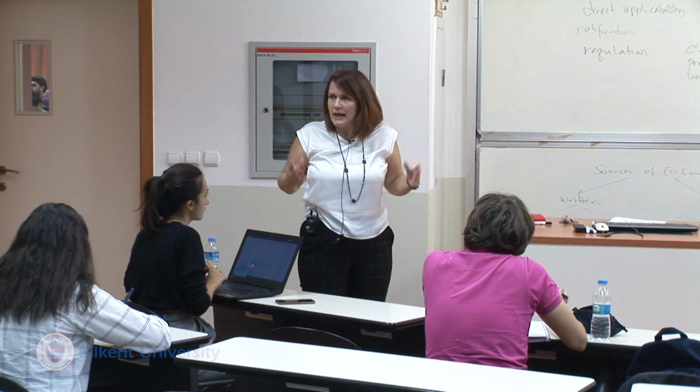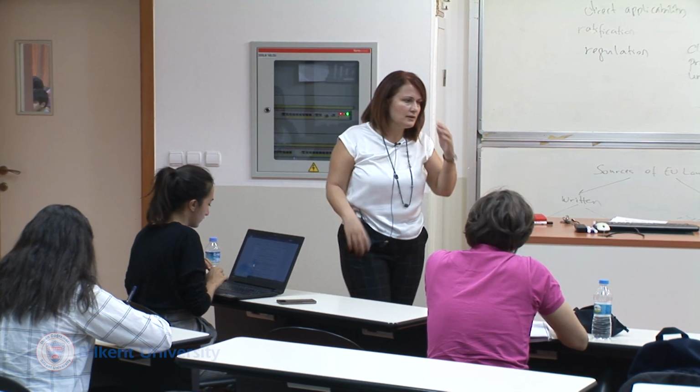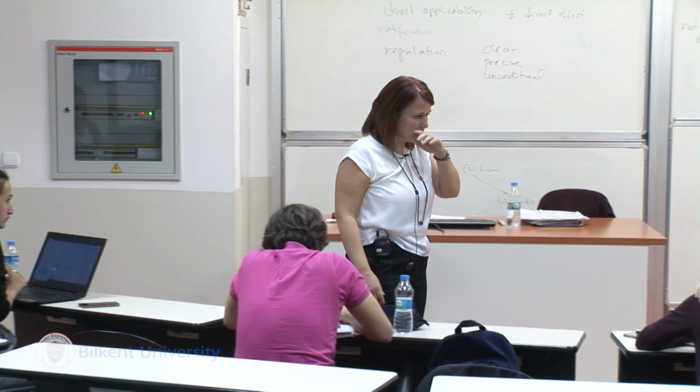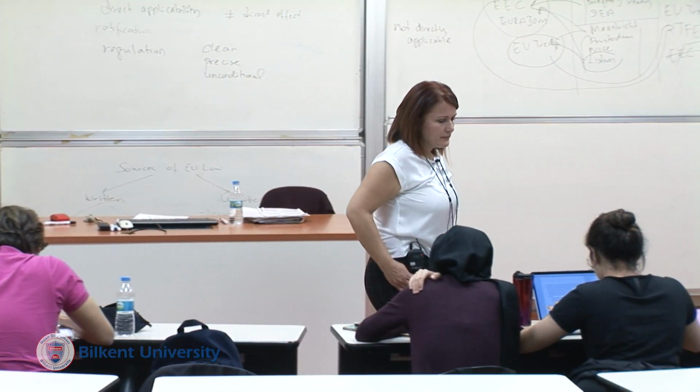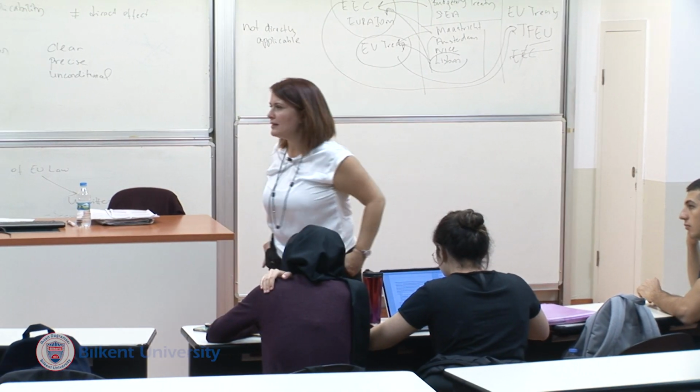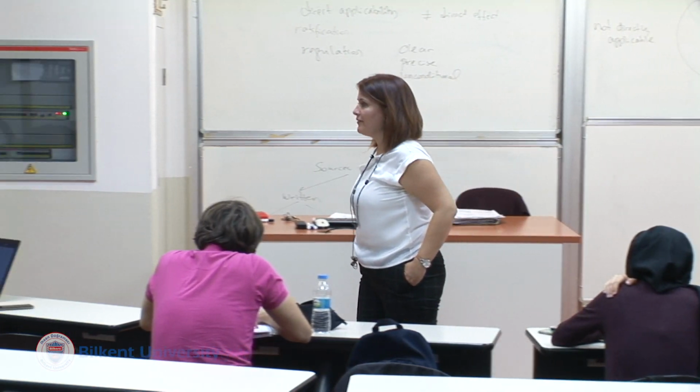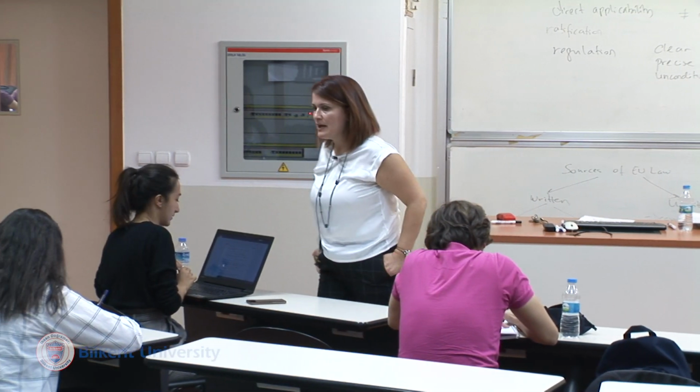Normally, who would implement an international agreement between two countries, for example? The states, the contracting parties. In Turkish, how do we call them? Akit taraflar veya taraf devletler.